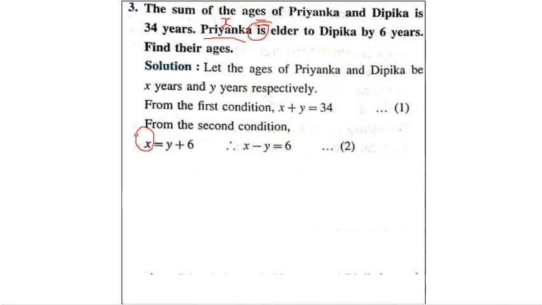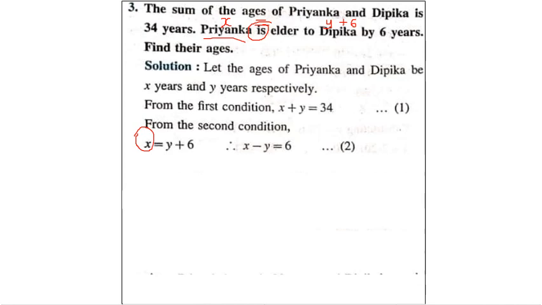Elder means 6 more. She is elder means plus 6, 6 years more than Deepika. So it will be y plus 6. I hope you have understood. So this x is equal to y plus 6.